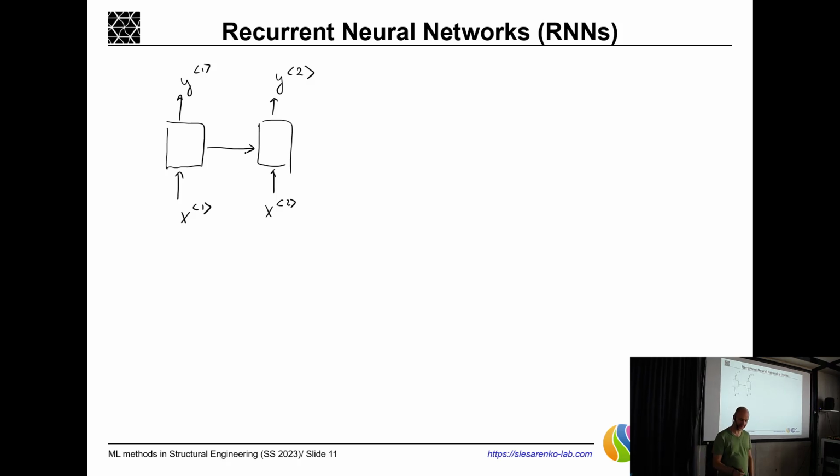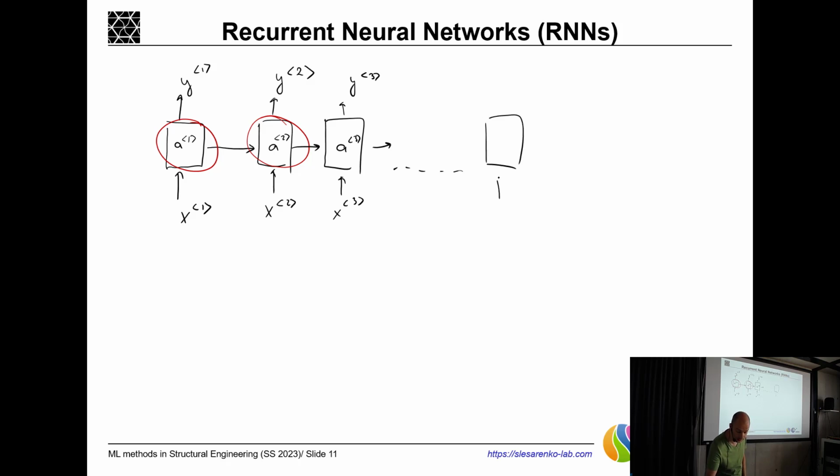But now the trick: what you also get is information from the previous layer. And another trick is that these nodes and layers are absolutely identical. It's the same layer that just processes things. So what is usually written here, you get A1, then this A1 gets transferred to A2, then further on, and you do that until the end of your sequence.